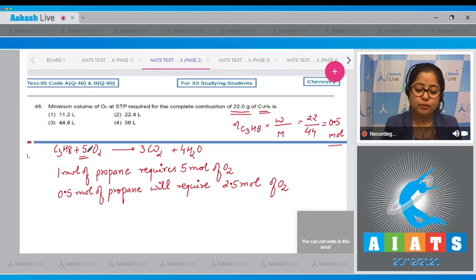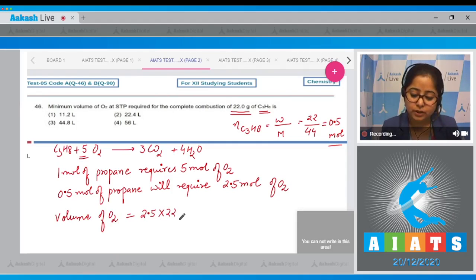But here student, we have to give the answer in liter, and as we all know that the volume of 1 mole of a gas at STP is 22.4 liter. So volume of O2 is equals to 2.5 multiplied by 22.4, which is equals to 56 liter.